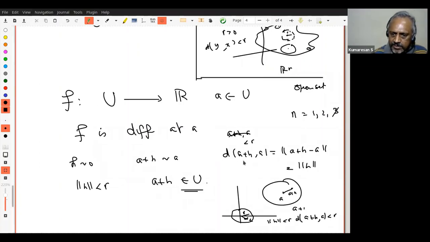Why? Because the distance between A plus H and A is the length of A plus H minus A, which is the length of H, which is less than r. You understand this? Why do I have to make sure of this? Because f of A plus H will make sense now. Because U is the domain of f, A plus H lies in the domain.